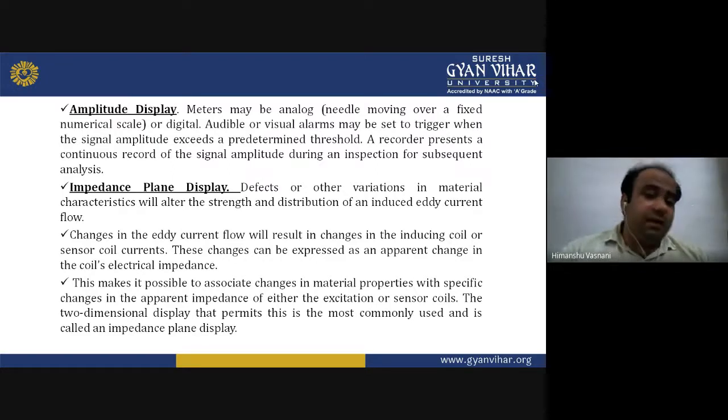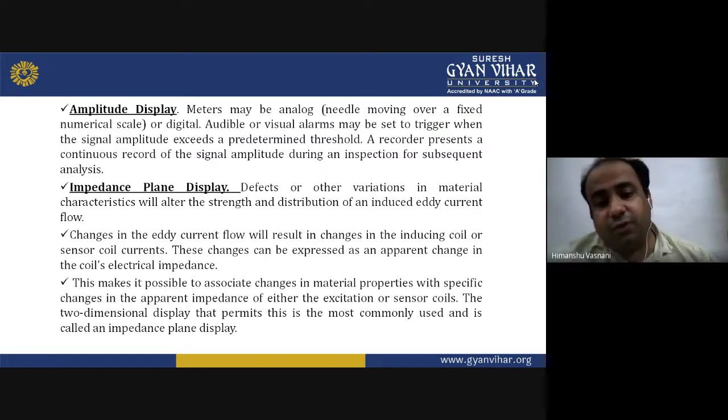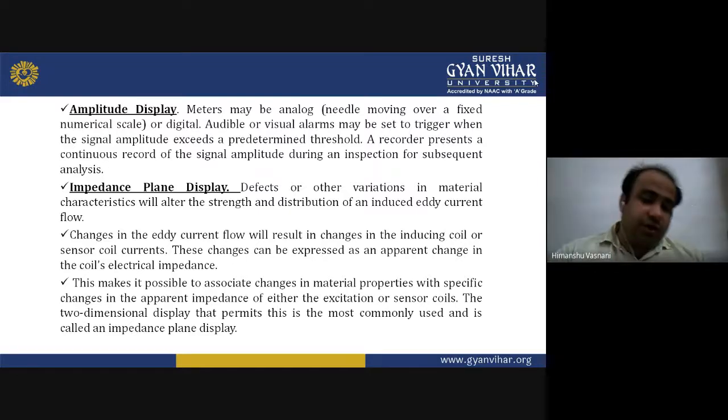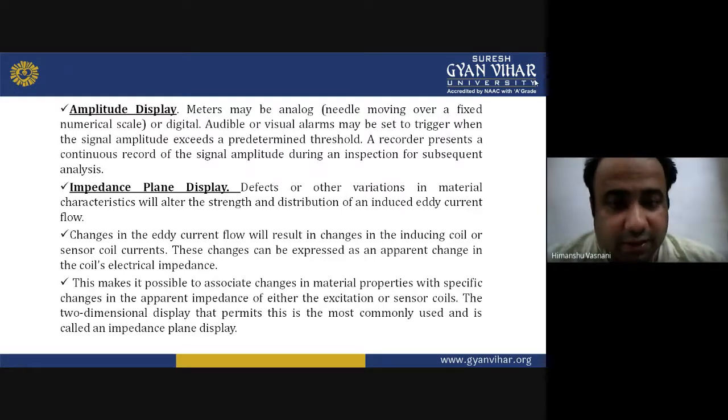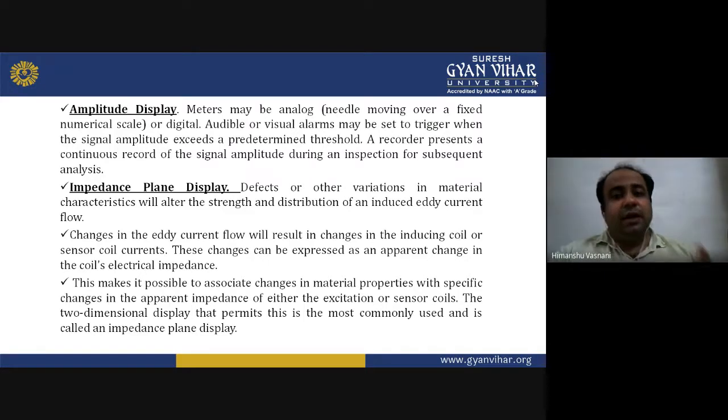Now, there is the impedance plane display. Defects or other variations in material characteristics will alter the strength and distribution of the induced eddy current flow. Changes in the eddy current flow will result in changes in the inducing coil or sensor coil currents.